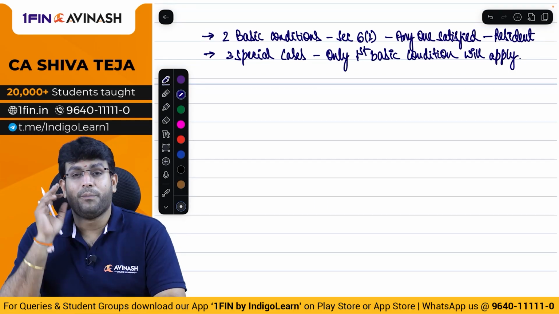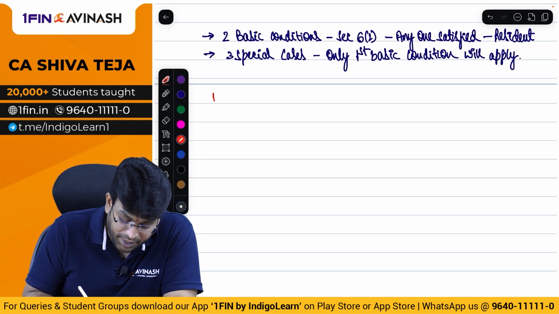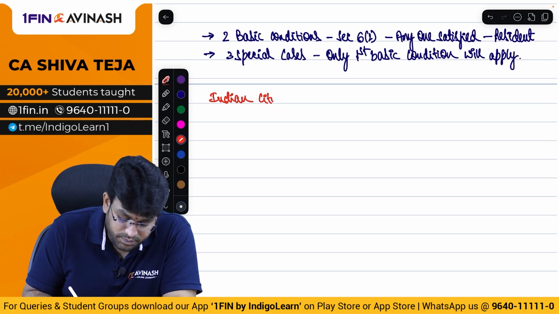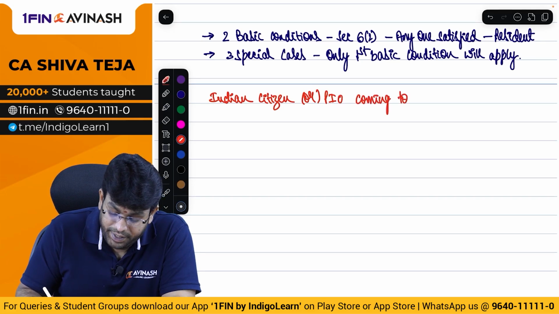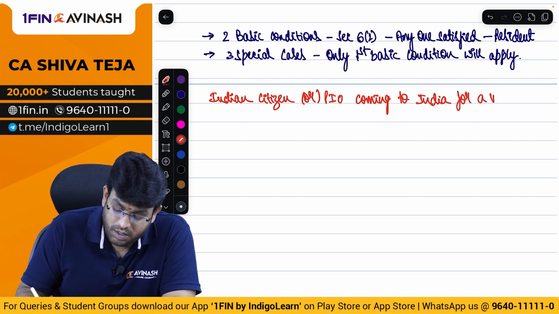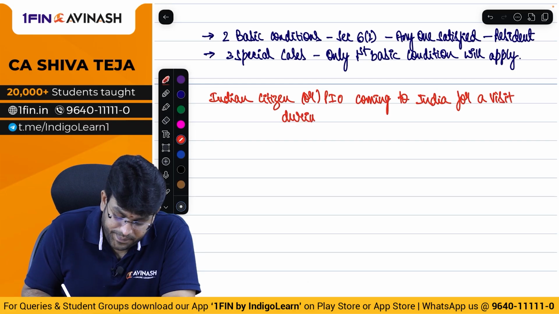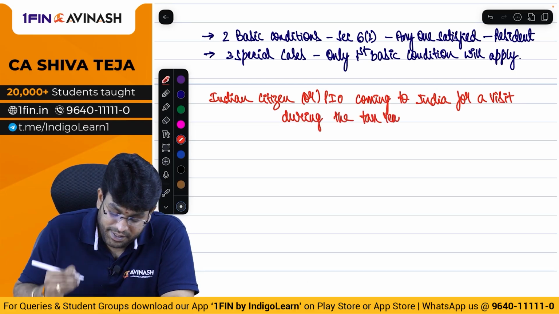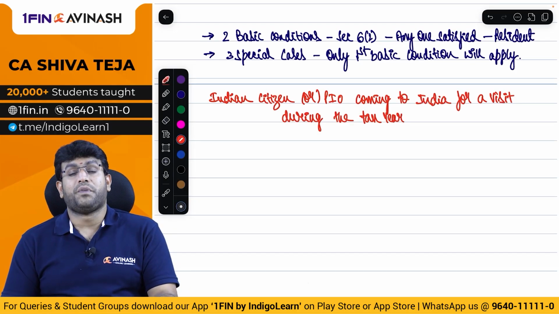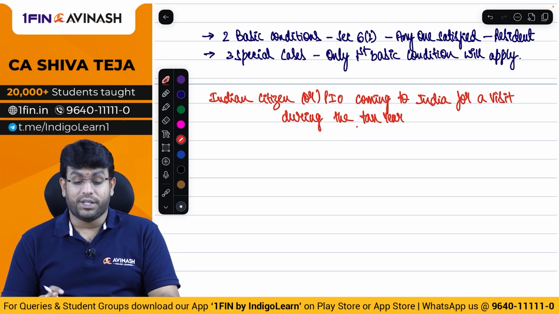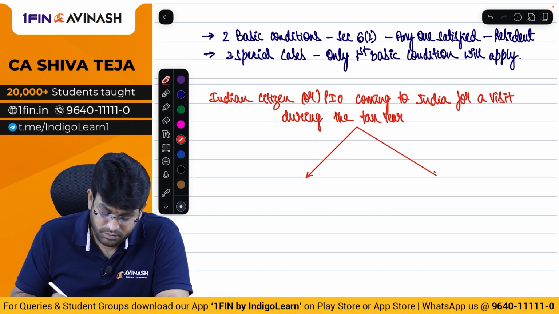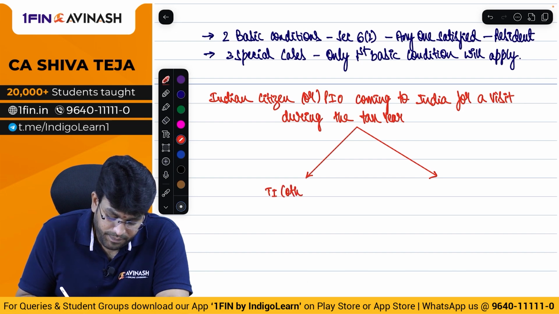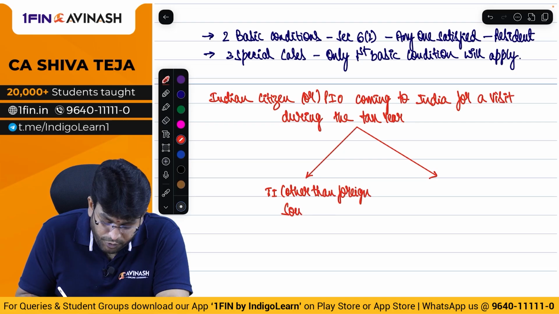Everyone? Good. Now let me tell you one more interesting special point. That is, in case of an Indian citizen or a person of Indian origin coming to India for a visit during the tax year, here we have one more special point, that is total income other than foreign sources.